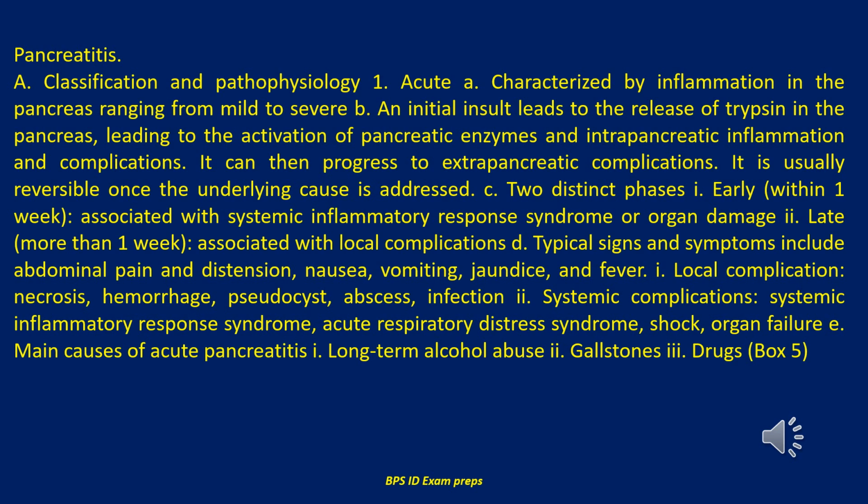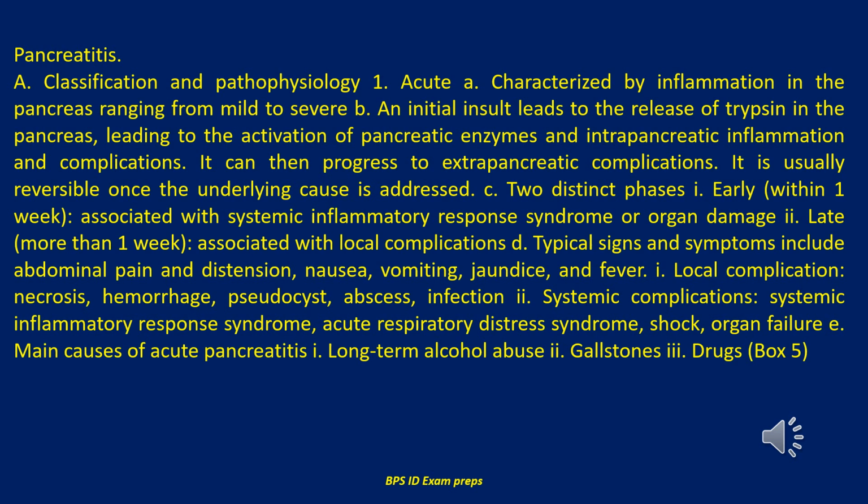D. Typical signs and symptoms include abdominal pain and distension, nausea, vomiting, jaundice, and fever. 1. Local complications: necrosis, hemorrhage, pseudocyst, abscess, infection. 2. Regarding systemic complications, they manifest as systemic inflammatory response syndrome, acute respiratory distress syndrome, shock, and organ failure.